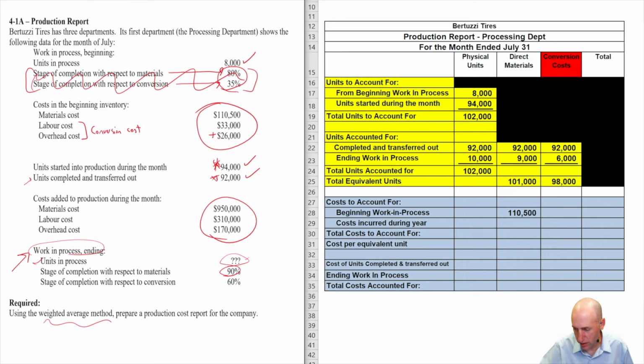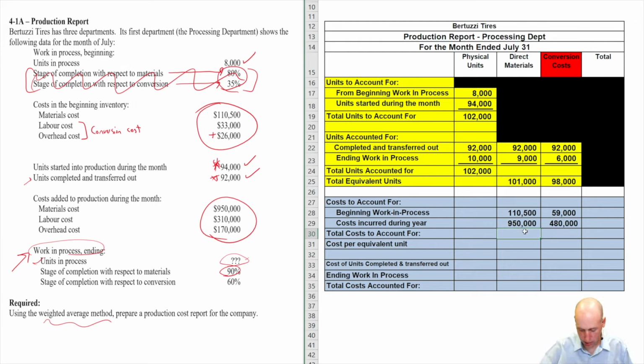I'll just do the math in the cell here so you can see what I'm doing. 33,000 plus 26,000 is 59,000. Costs incurred 950 for materials. For labor and overhead for conversion, it's 310 plus 170, 480.